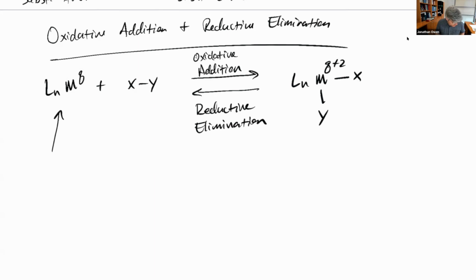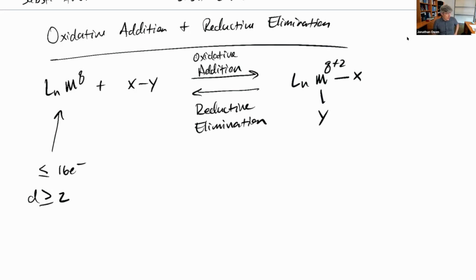These metals are usually less than or equal to 16 electrons, and you have to have some d electrons there to do this kind of chemistry, because when you oxidize the metal, you're giving up 2 d electrons and making bonds. When you do oxidative addition, you're actually contributing electrons to the valence shell of the metal. So you can't be higher than 16 or else this doesn't work.